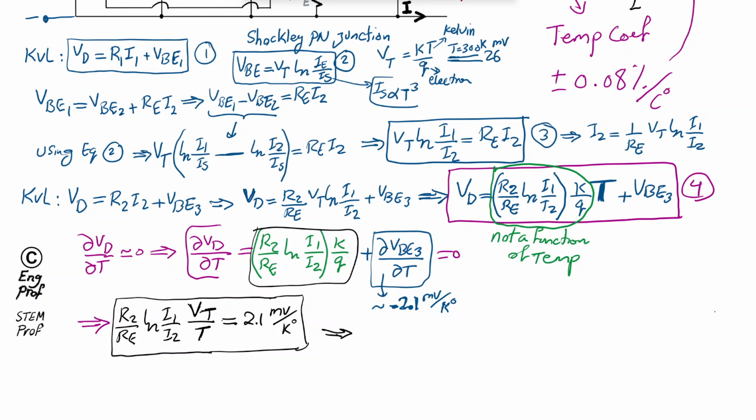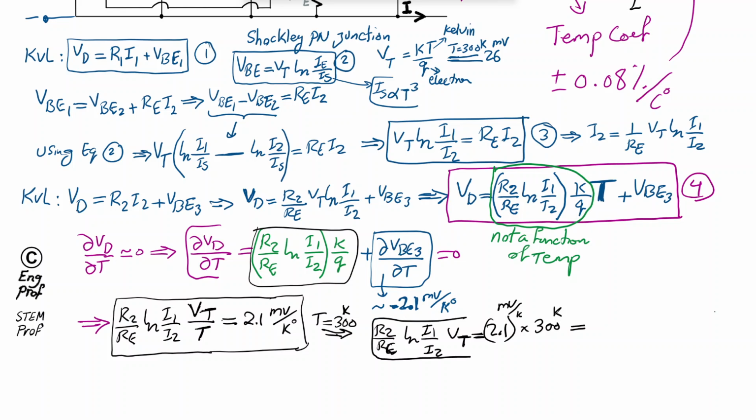So if we are doing room temperature of roughly 300 Kelvin, which corresponds to about 27 degrees C for the PN junction temperature of the BJT transistor, I can say R2 over RE natural log I1 over I2 VT is equal to 2.1 times, that's millivolt per Kelvin, times T, and T is 300 Kelvin for the nominal room temperature, which means this whole thing in this design will be equal to 630 millivolt.